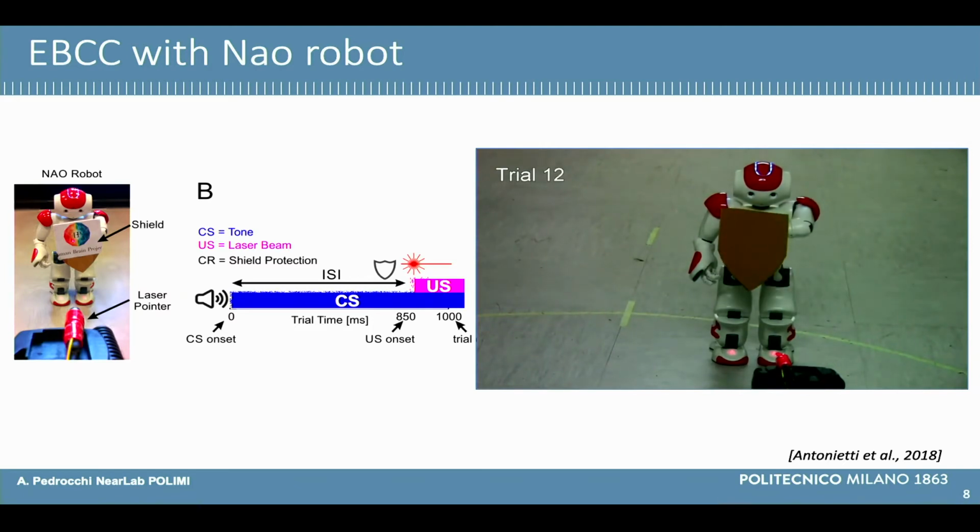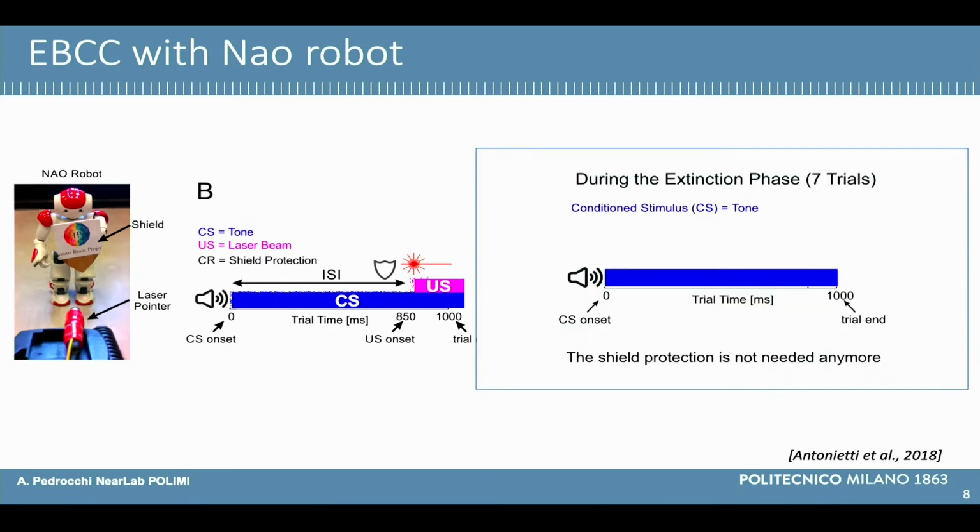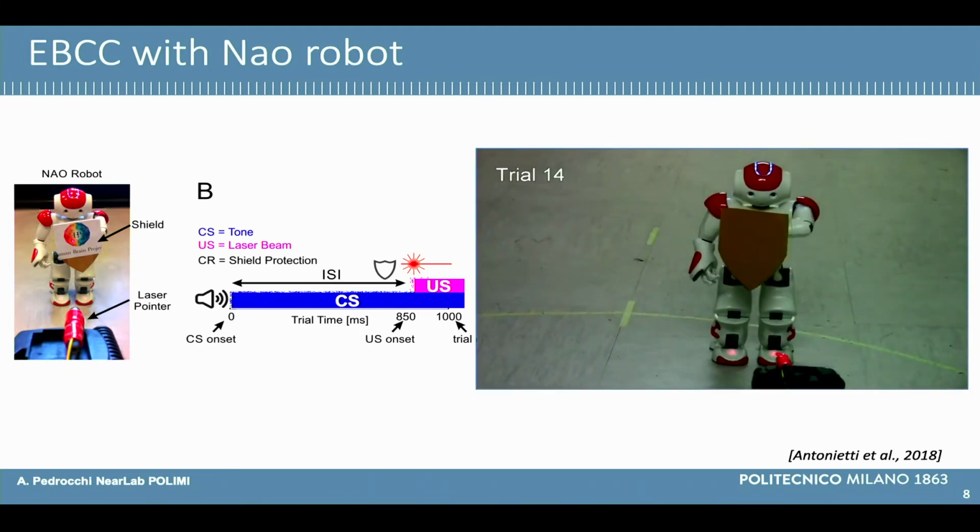And besides learning the conditioned response, the cerebellum is also in charge of learning the extinction of a conditioned response. So when the two stimuli are no more associated, we need to abandon the behavior. And so as well, for the robot, here the laser is no more present and the action of protecting is no more required.